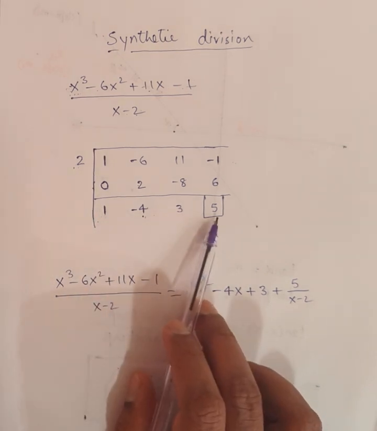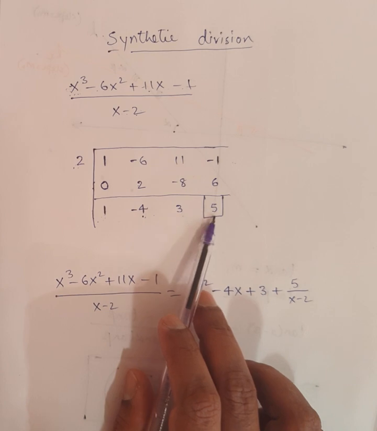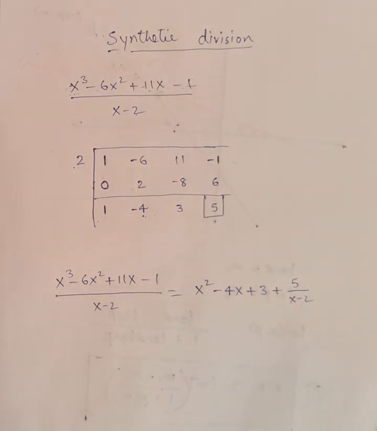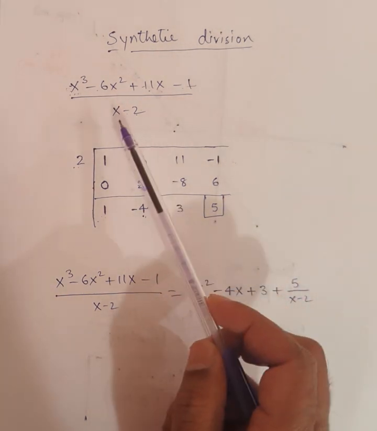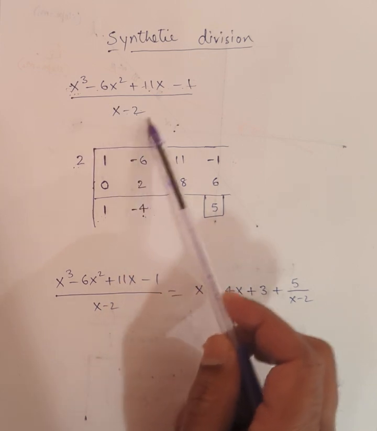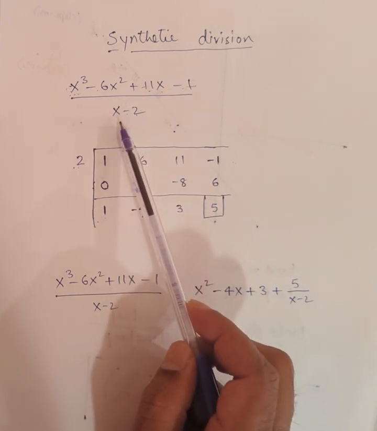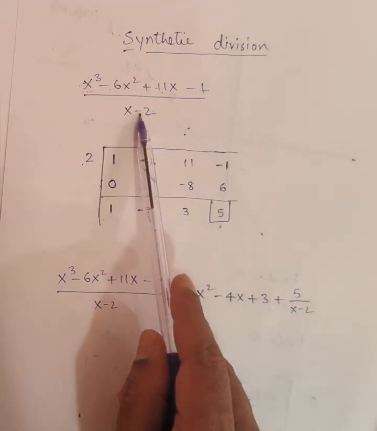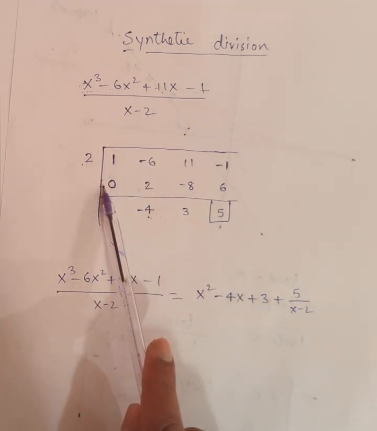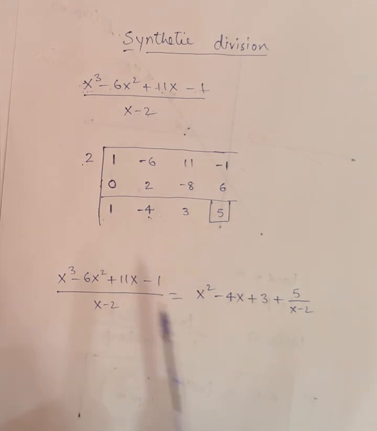And the last number is the remainder, and that's what we have. So synthetic division again works only when you divide by something that looks like either x minus a number or x plus a number. You write the opposite one here, build this line, build that line, and then you're done.